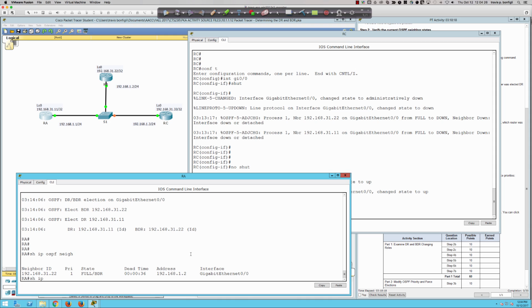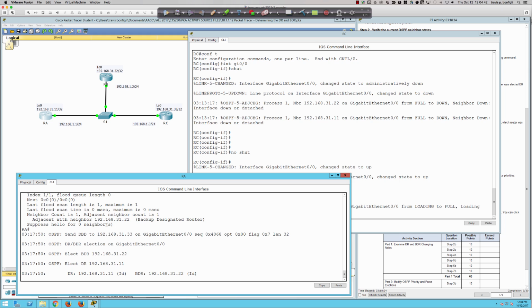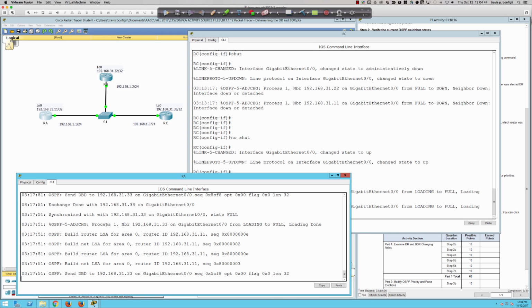On router 1, show IP OSPF interface, router 1 is considered the DR, because this was the BDR before the interface on router C went down. When the interface on router C went down, the BDR immediately promoted itself to the DR.